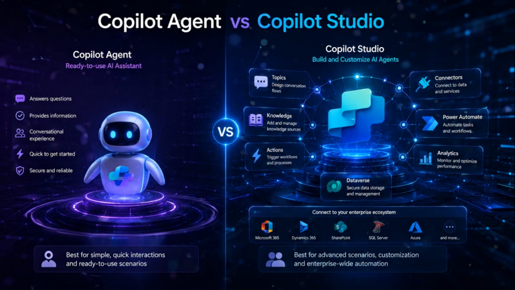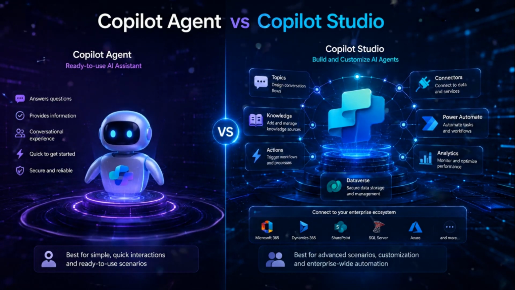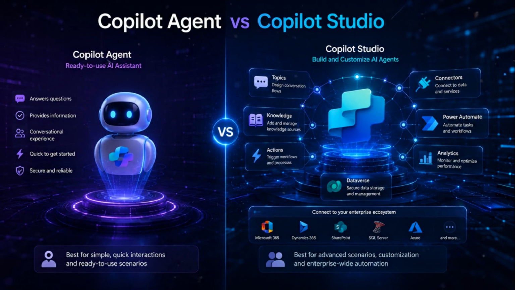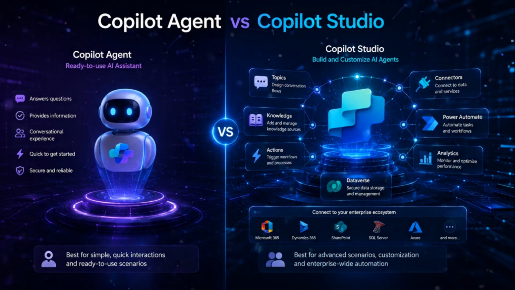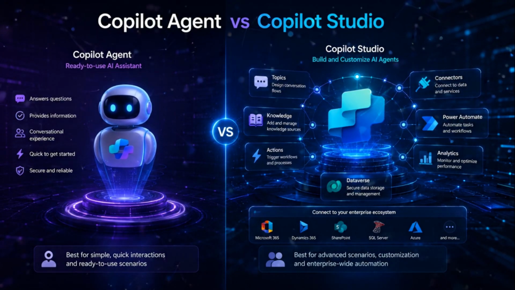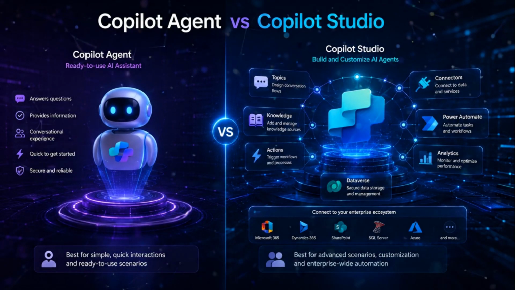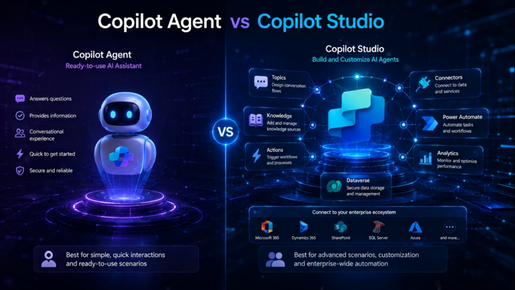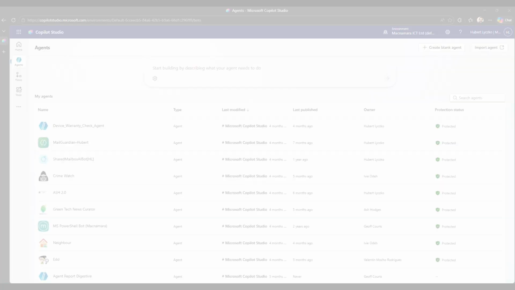So in simple terms, Copilot agents focus more on quickly creating useful AI assistants. Copilot Studio focuses more on enterprise AI, integrations, automation, and advanced workflows. And that's why many companies start with simple AI agents first, and later move into Copilot Studio once they need deeper integrations and more advanced automation.